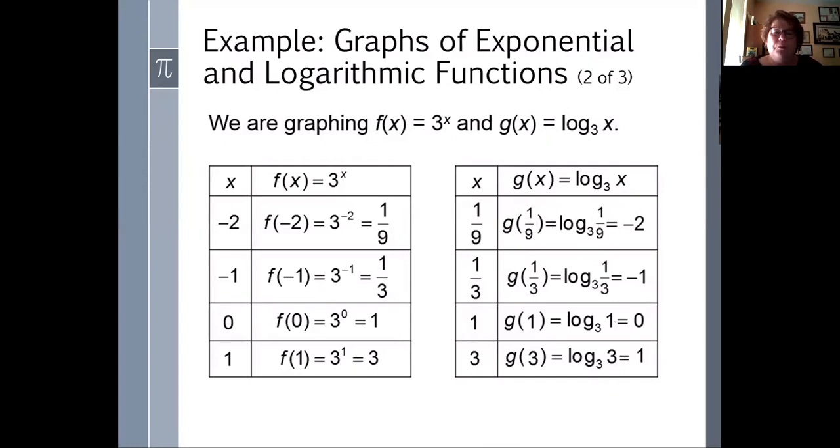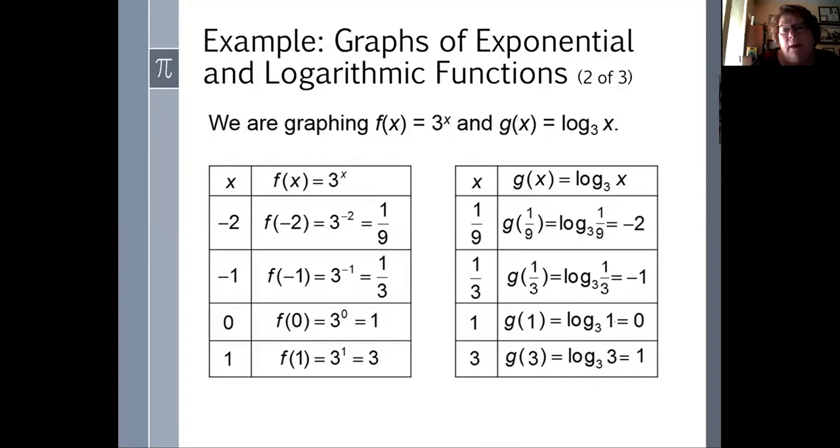So if we input 1/9 into our logarithmic function, the log base 3 of 1/9 is -2. Because what do you raise the base 3 to get 1/9? Well, it would have to be -2. Let's evaluate the logarithmic function at 1/3. The log base 3 of 1/3 is going to be equal to -1.